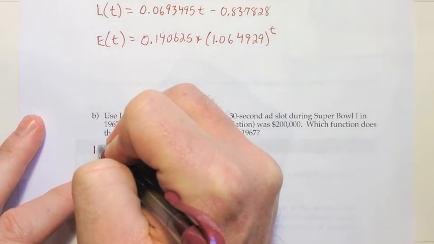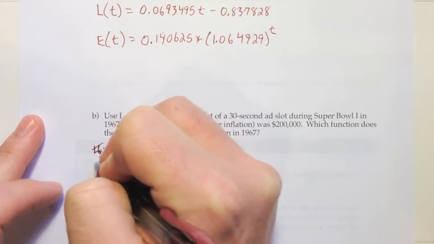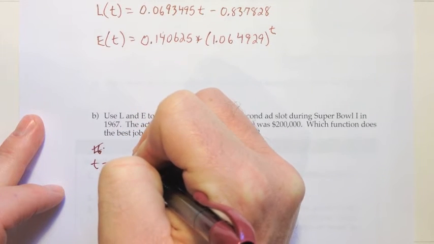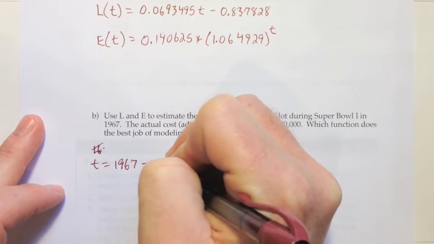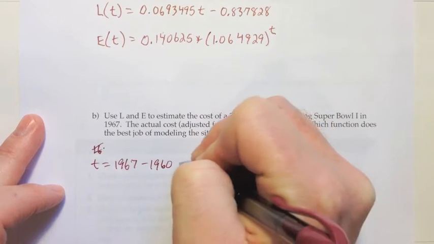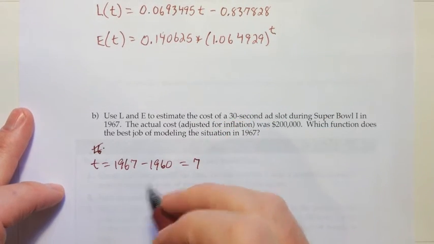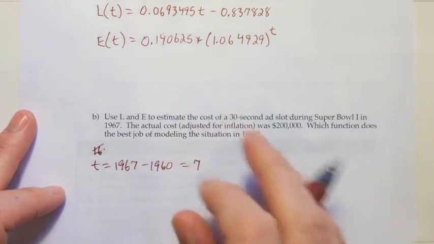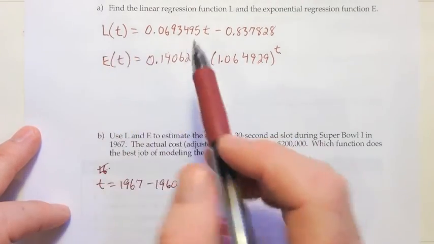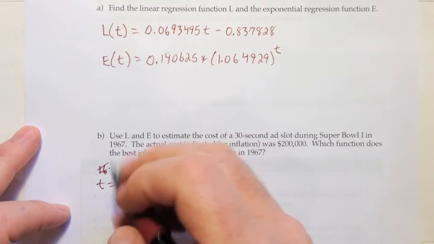Well, if you take 1967 and you subtract away the 1960, which was our starting point, then you get t equals 7. So we want to plug that into both of the two functions. Looking at this one, we want to put the 7 in here and therefore also there.